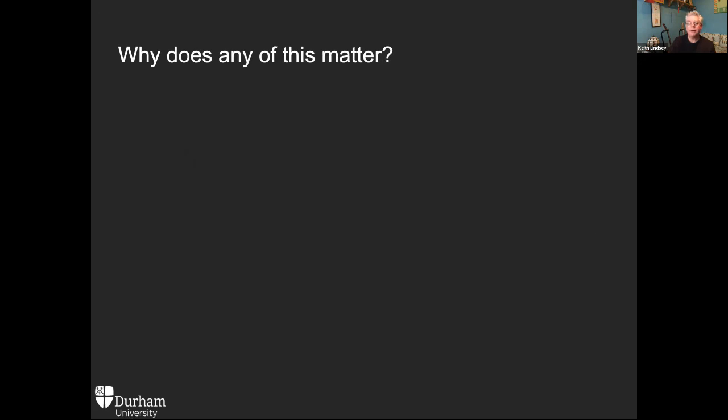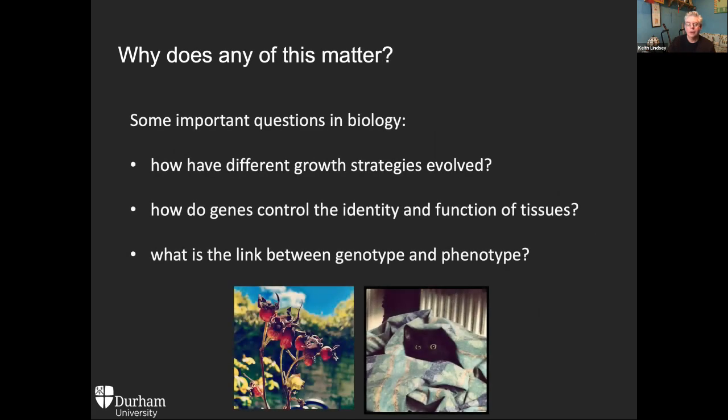And finally, why does any of this matter? Well, there are some important questions in biology that are addressed by looking at the way in which plants have adopted this very different approach to growth. The questions are, how have these different growth strategies evolved?